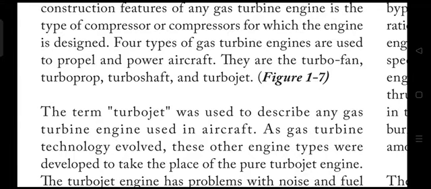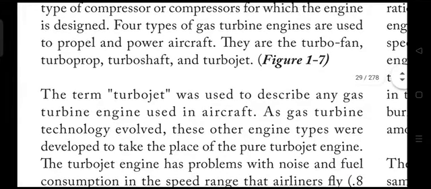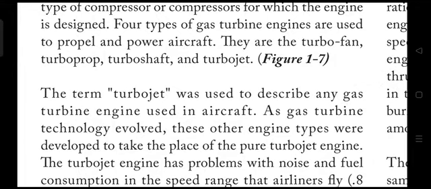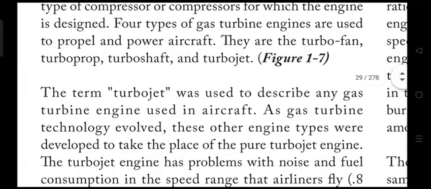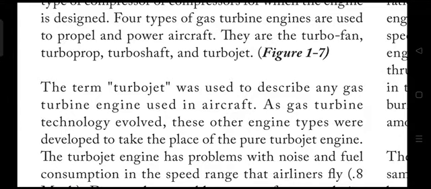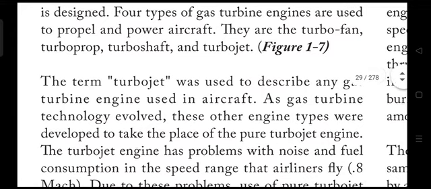Turbofan is what you see in Airbus, Boeing, all these aircraft, because there is a big, large diameter fan in front of the engine. The engine is responsible for rotating that fan, and that fan produces the major portion of the thrust, and a very minor portion of the thrust is taken from the hot exhaust gas of the engine.